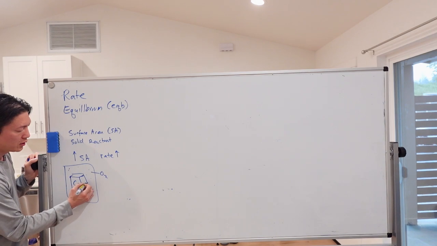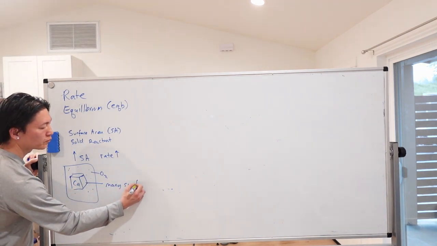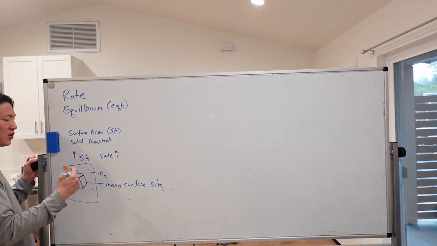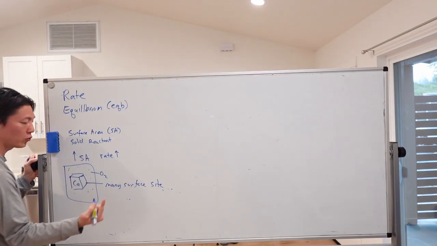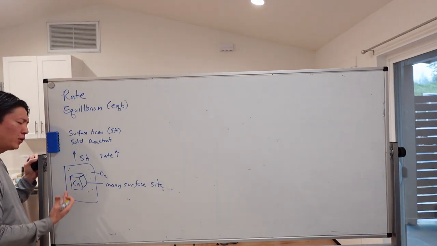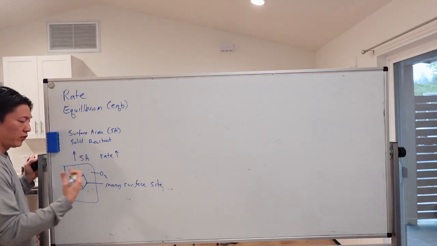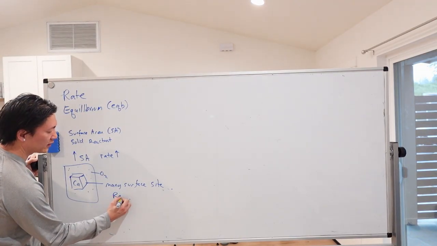So many surface sites for collisions, right? Reactant collisions. The surface sites are exposed to the oxygen gas, so they are reactant sites.